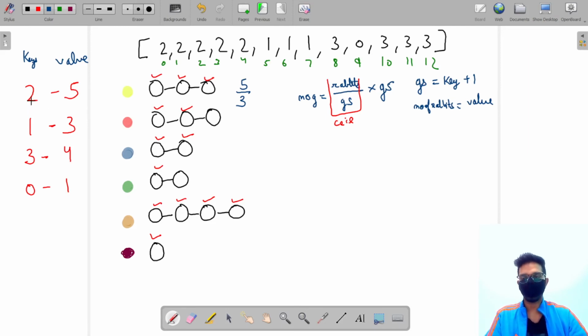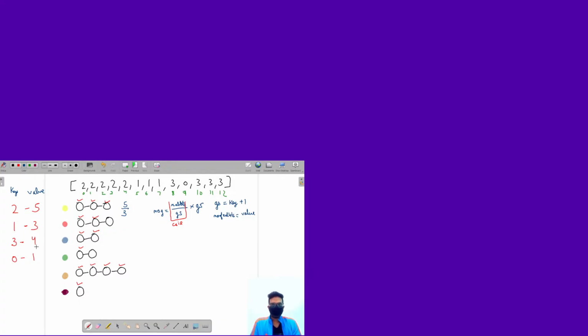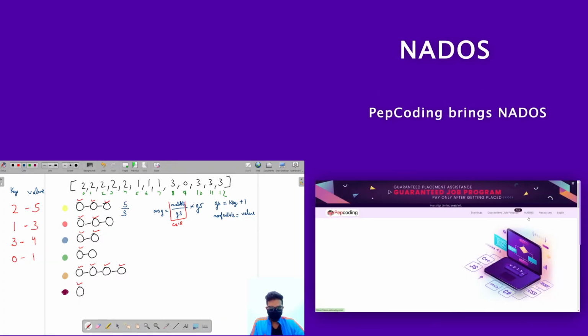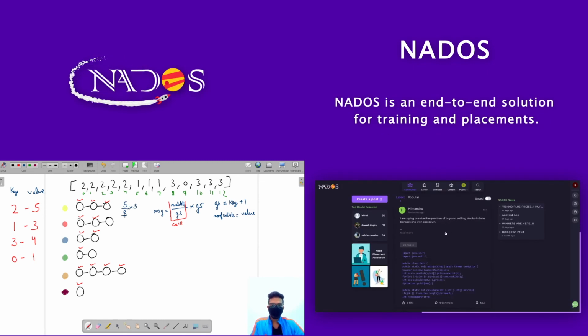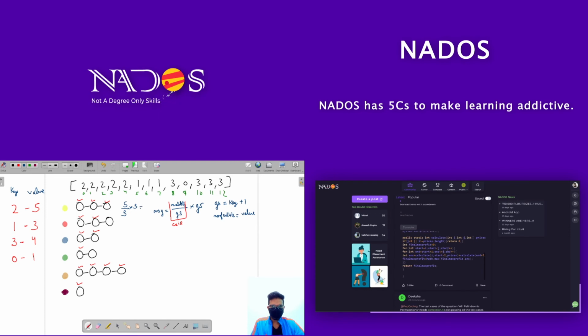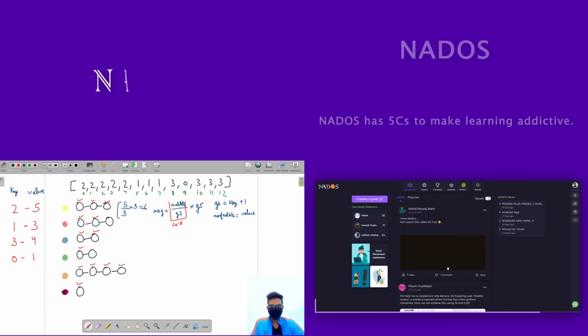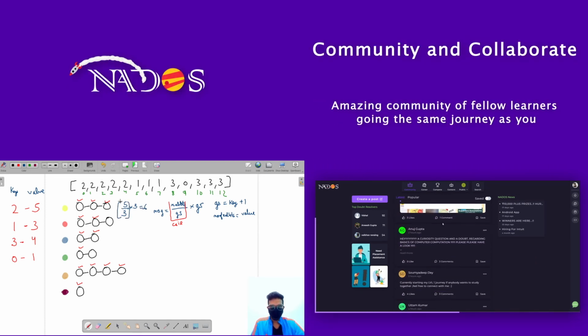For example, here it was 2, saying there are 2 more rabbits of the same color. So if I multiply by 3, 2 into 3, that is 6. I hope you understand how I'm getting 6 here.